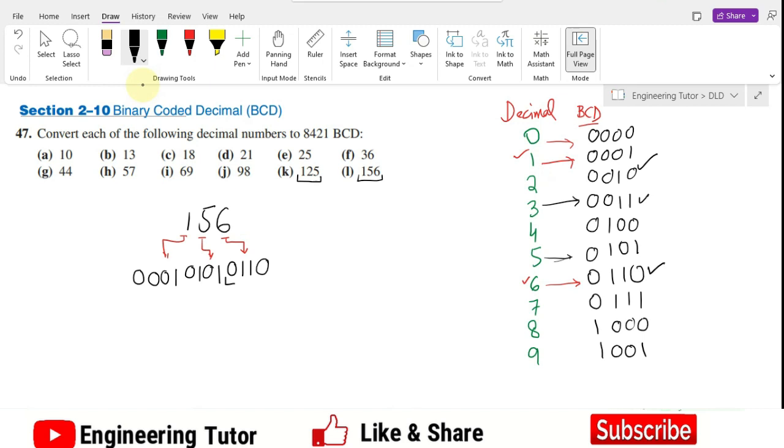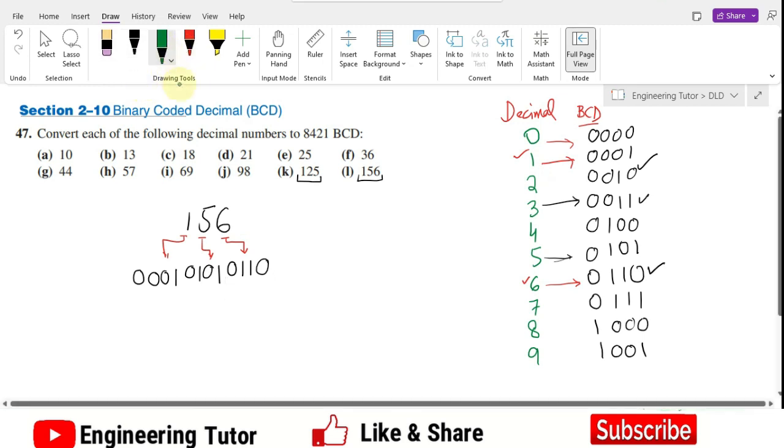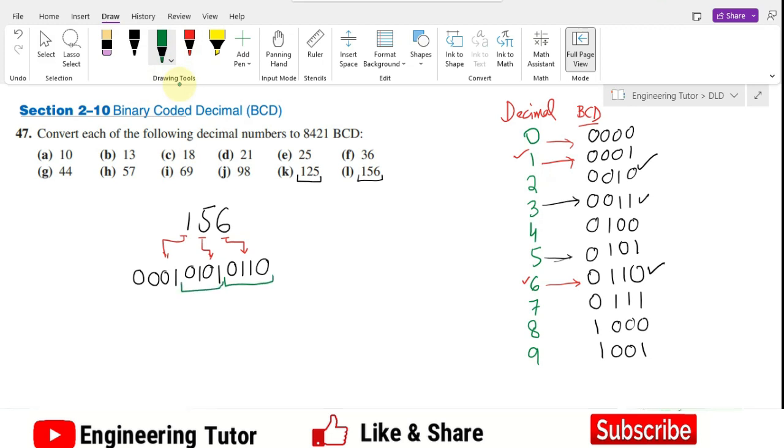So we can see that these 4 bits are for 6, these 4 are for this 5, while these 4 are for this 1. This 156 is in decimal, while these codes are the binary coded decimal.